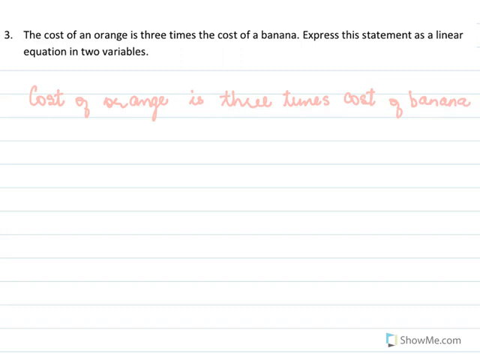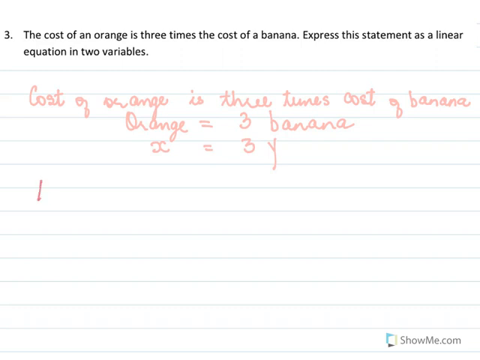This is written in words. This means an orange equal to 3 times a banana. If we take orange as x and banana as y, we get the equation x equal to 3y.